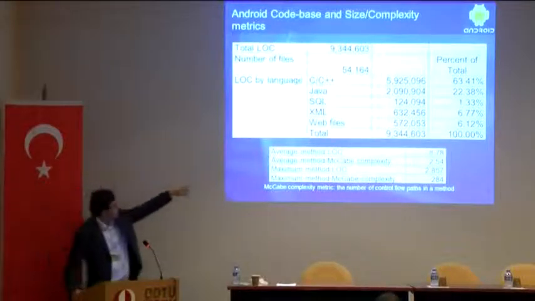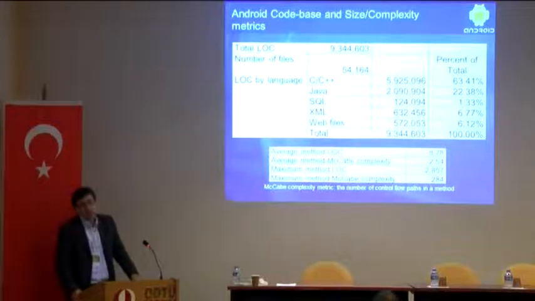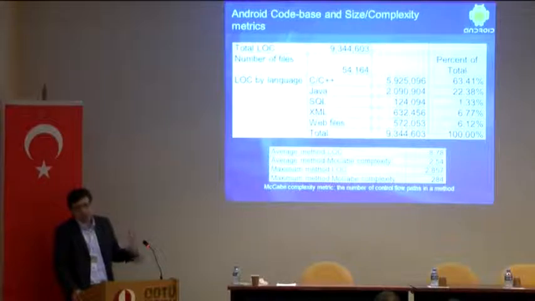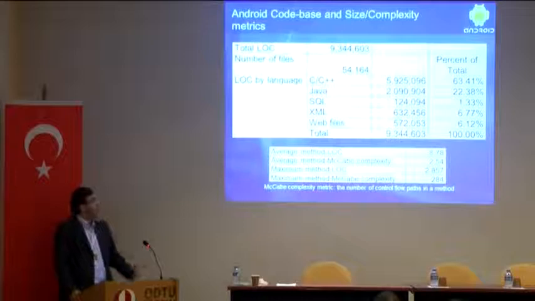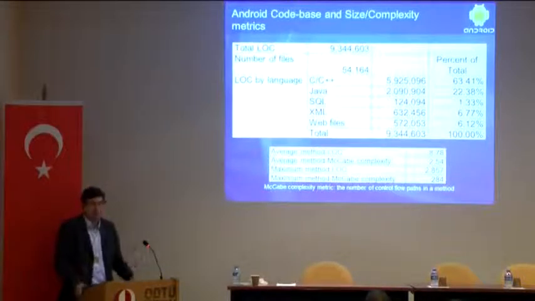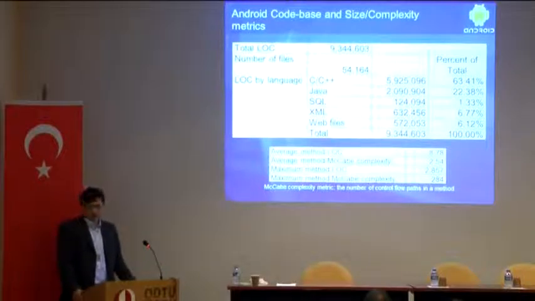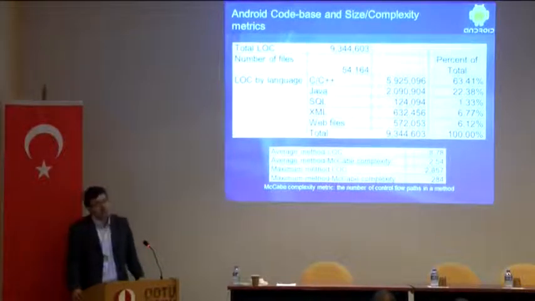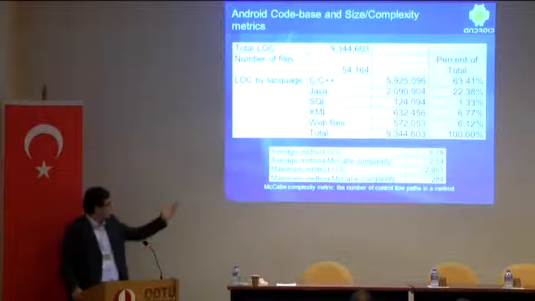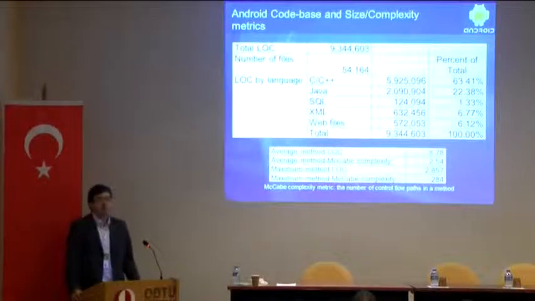We measured some more detailed metrics. So we looked at different methods, object-oriented methods in the code base. We measured the average line of code was about 8.7 lines of code. Again, you can compare it to other open source or other major applications, and you can do some benchmark with that. If you're familiar with McCabe complexity, which is another code metric, I have provided a brief definition in the bottom.